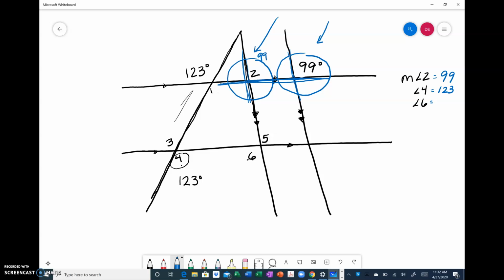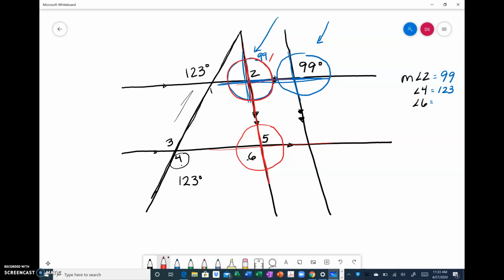Now, changing colors again. This line intersects two parallel lines here, which I think is called Elm Street and Main Street, okay? So this intersection, these four angles, and these four angles are corresponding, okay?